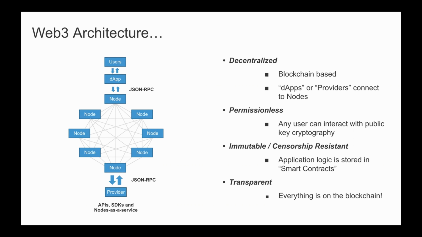This also makes it immutable and somewhat censorship resistant, where if you actually deploy your application, they're deployed as what are called smart contracts, which are basically just programs written in popular languages like Solidity or Vyper and deployed onto the blockchain and allow you to transact in a way that's, again, permissionless and immutable.